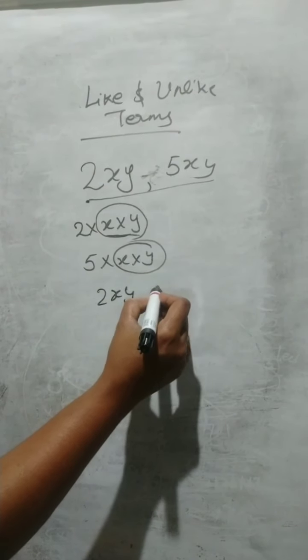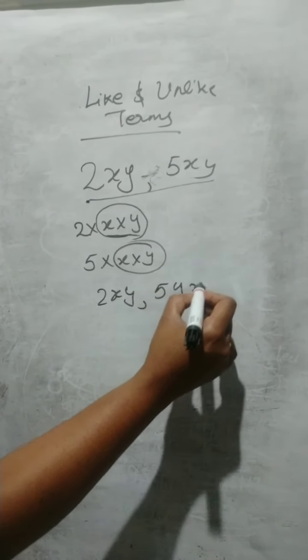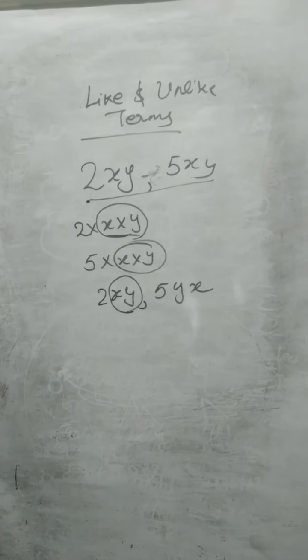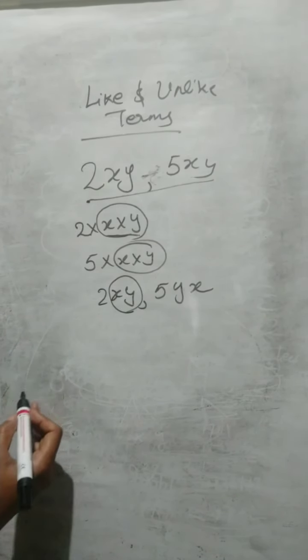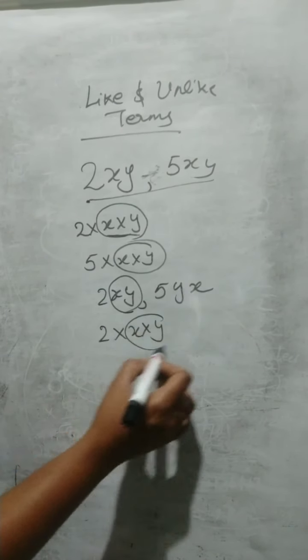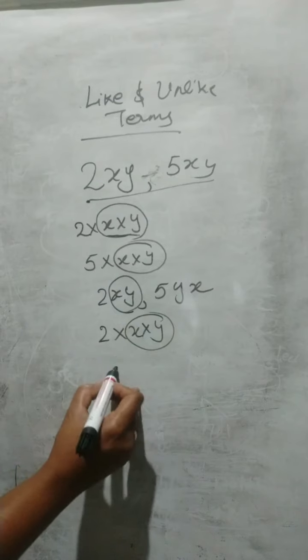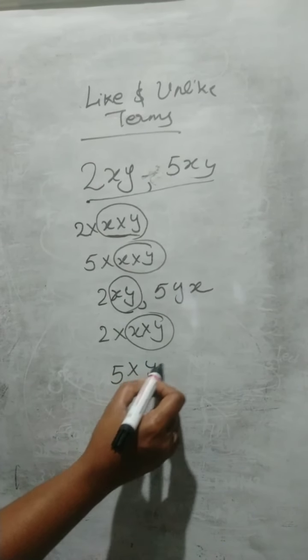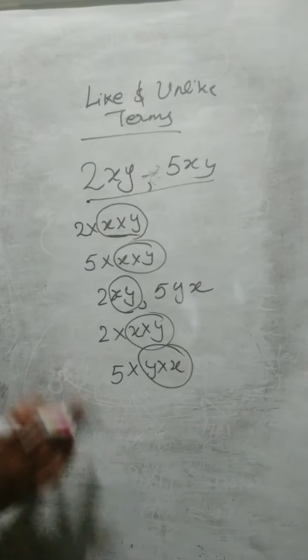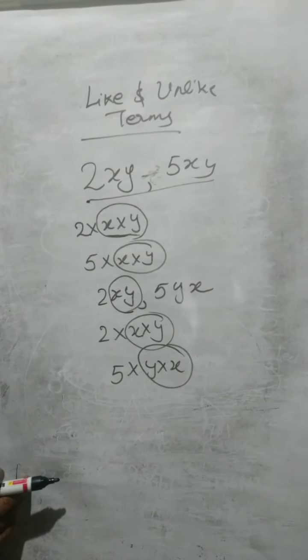Maybe 2xy and 5yx. Here the factors of the variables are 2 times x times y, and here 5 times y times x. Only the order is different.